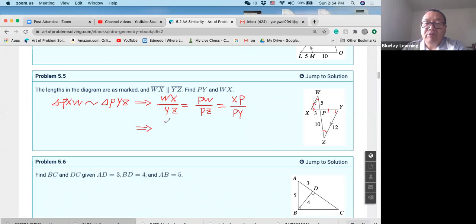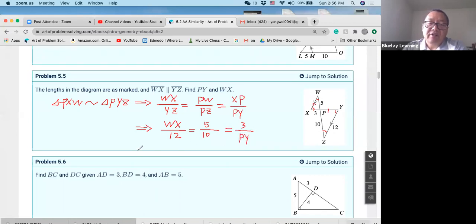WX, we don't know, so keep it here. YZ is 12, equals PW. PW, they give you, is 5. Then PZ is 10, equals XP, that's 3. PY, we don't know.